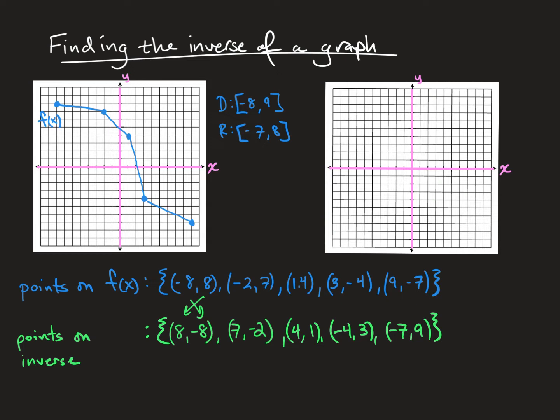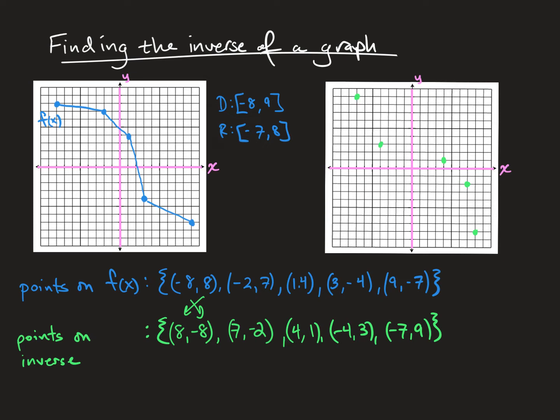And then I will plot these points again from left to right, and then I will connect them as I go. So 8, -8 is right here. There we go. 7, -2 is right here. 4, 1 is right here. -4, 3 is right here. And then -7, 9 is right here.